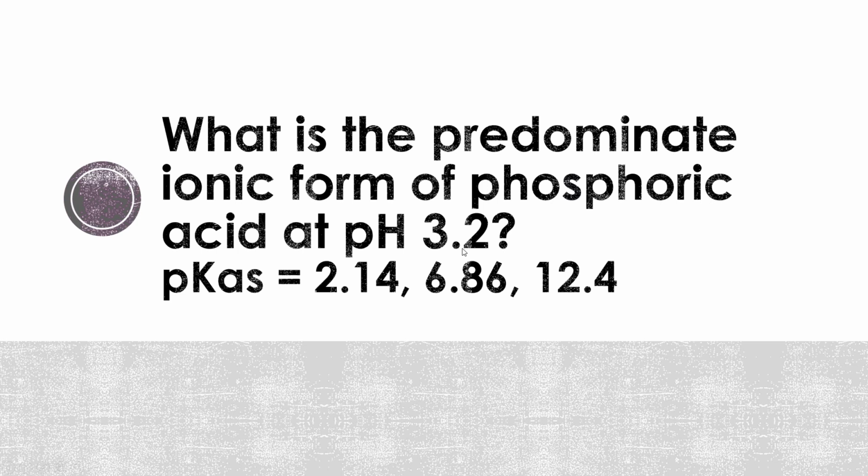So as we go to a pH of 3.2, we are above this first pKa of 2.14, so we are going to lose all of those first protons. At pH 3.2, we have not gotten to the second pKa, so the predominant form we see would be the phosphoric acid with 1 proton gone, shown here, H2PO4.